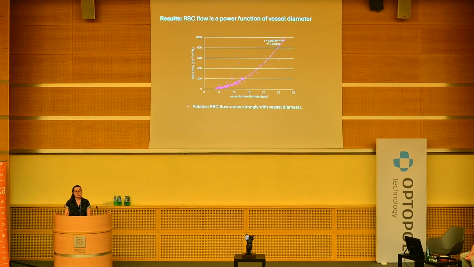Other studies show that in bigger vessels, the dependency of RBC flow on vessel diameter can be described as a power function. As you can see here, this approximation can also be applied to smaller vessels. As expected, this suggests that RBC flow varies strongly with lumen diameter changes.